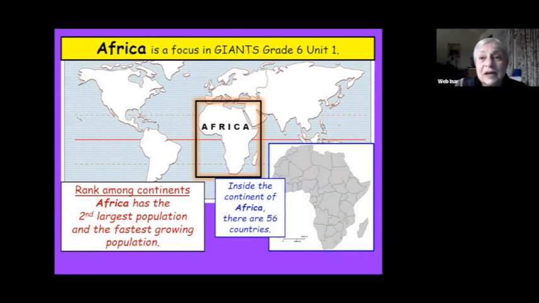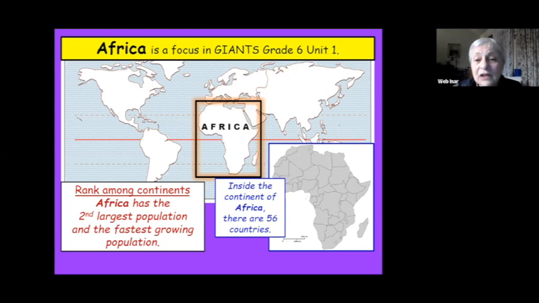Africa is an important continent. It is one of our focus continents in Unit 1. It is the second largest continent, has the second largest population, and has the fastest growing population compared to other continents. I'd like to emphasize that we will see differences within Africa.